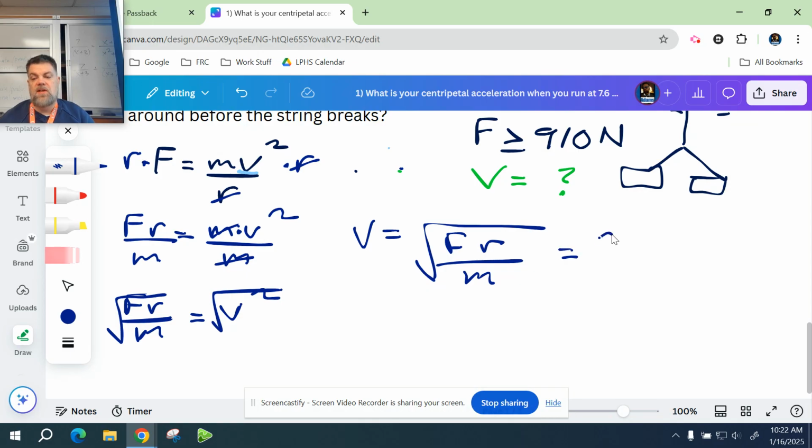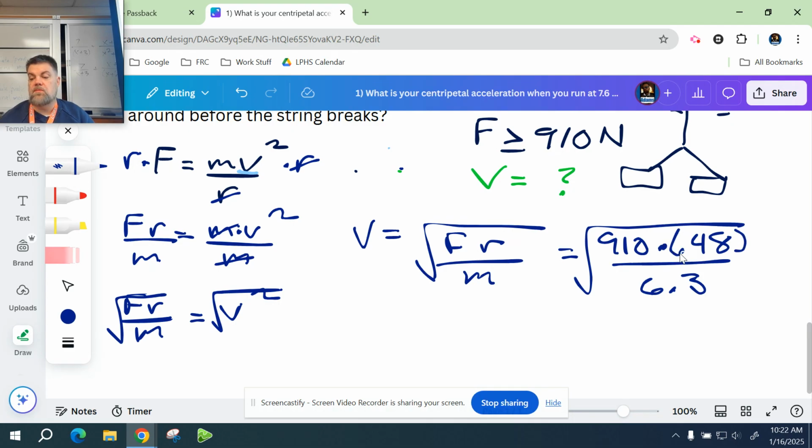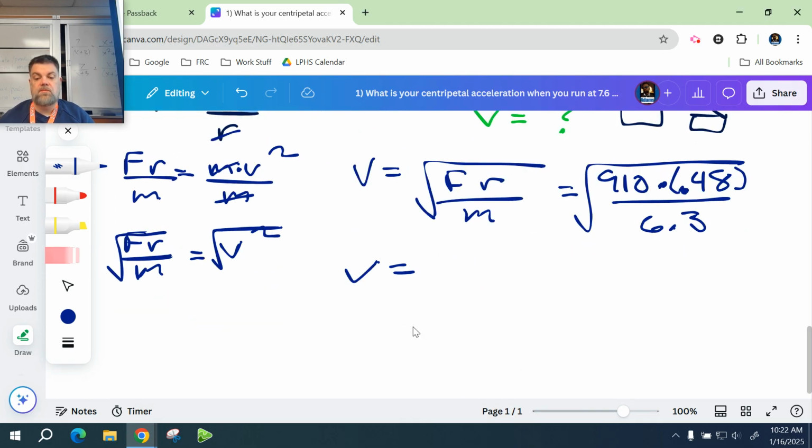Now I just plug it in: 910 times 0.48 all over 6.3. Don't forget to take the square root of that. If I plug that in the calculator, it ends up being about 8.33 meters per second.